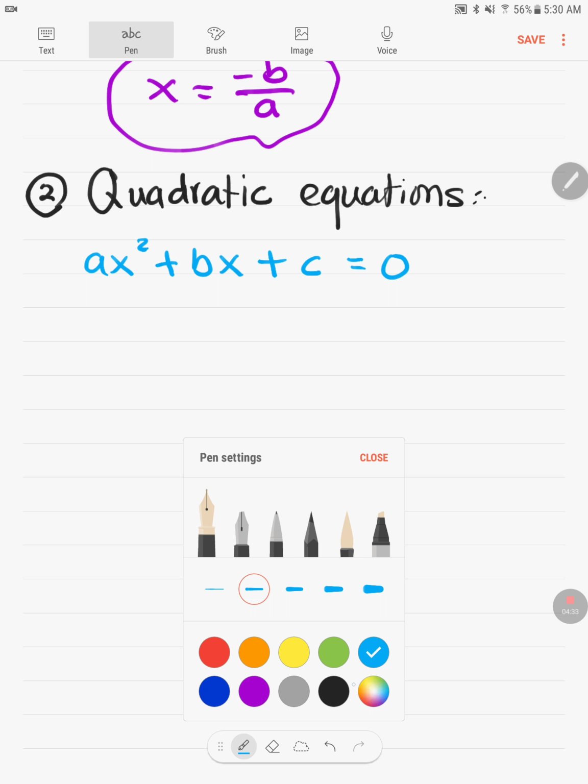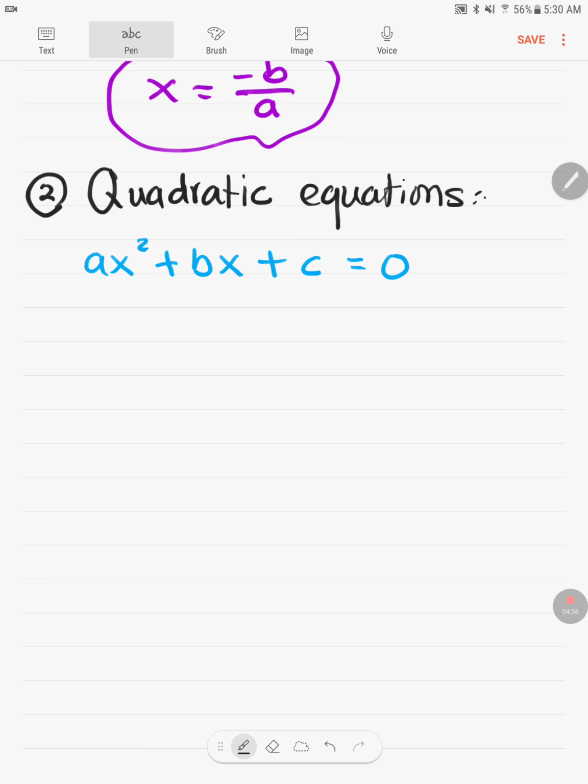To solve this type of equation, there are two types of solutions. The first one is factorization. Sometimes a, b, and c will be numbers that could be factored, and we could form two factors that, if multiplied by each other, they result in the same equation.